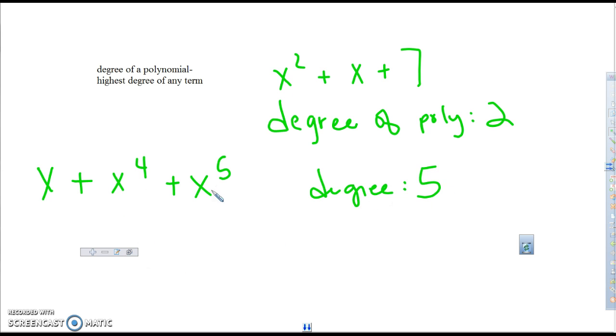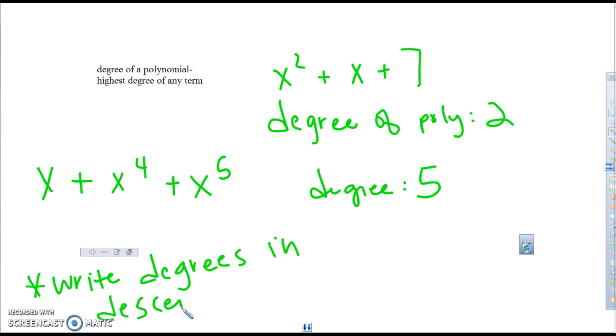Now, this isn't written correctly because normally we write the degrees in descending order. Meaning that first we'd have x to the 5th plus x to the 4th plus x.